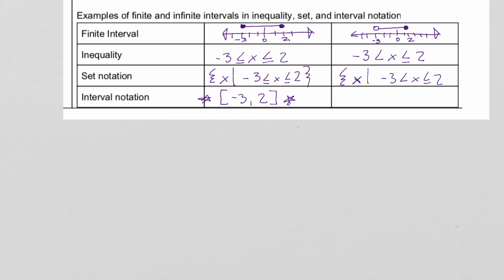And then the last one, I'd have to use this type of parentheses because I have to exclude -3 from the answer. Then 2, and then the, I guess, sideways staple looking bracket. So let's do a few more examples, and that'll conclude your first formal lecture on section 1.1.